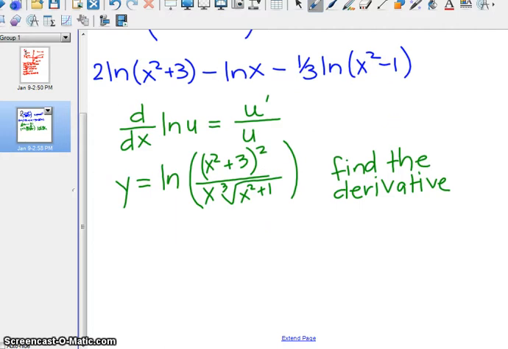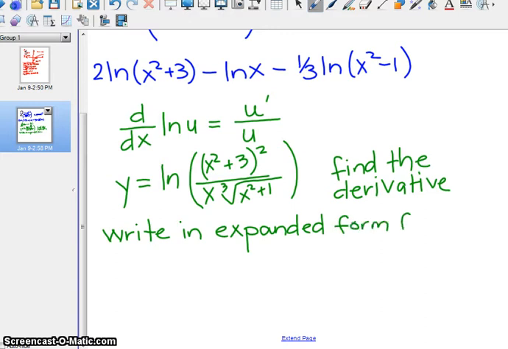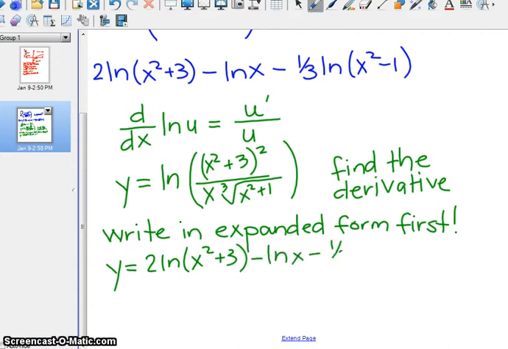So, before I find the derivative, I want to write it in expanded form first. We've already done that. So I'm going to write my expanded form: 2 natural log of x squared plus 3 minus the natural log of x minus 1/3 times the natural log of x squared plus 1.